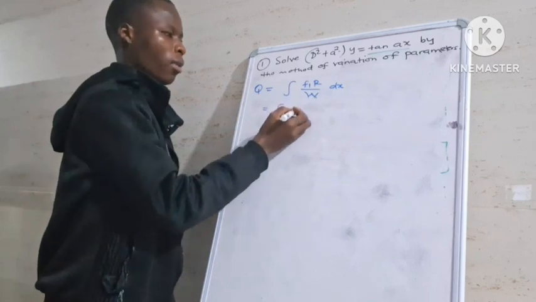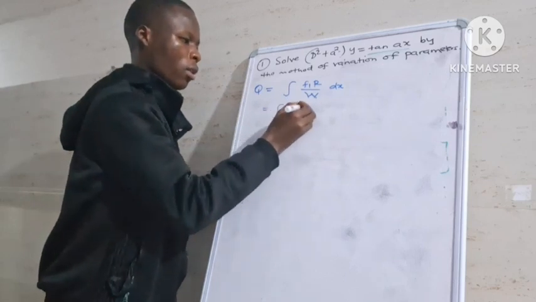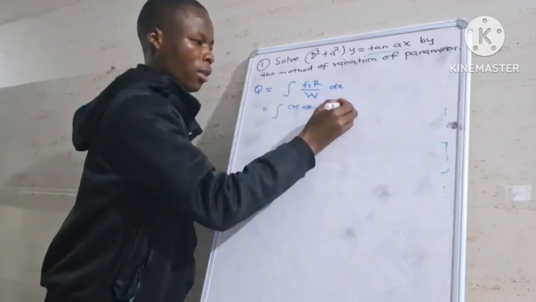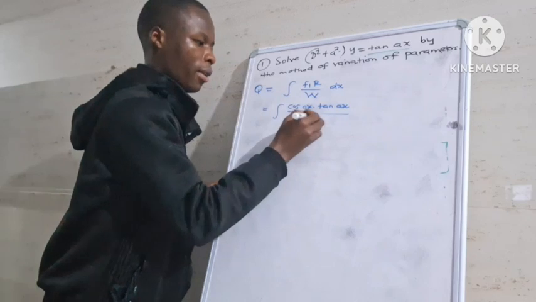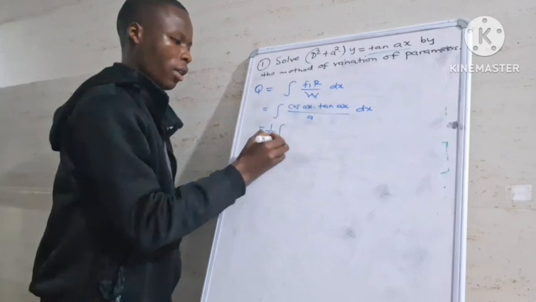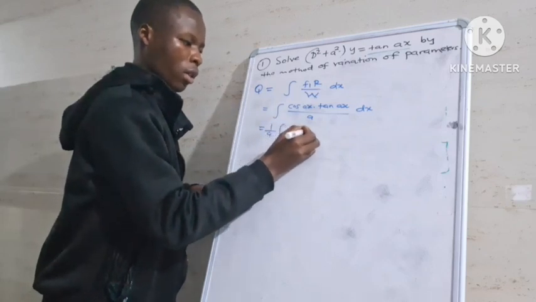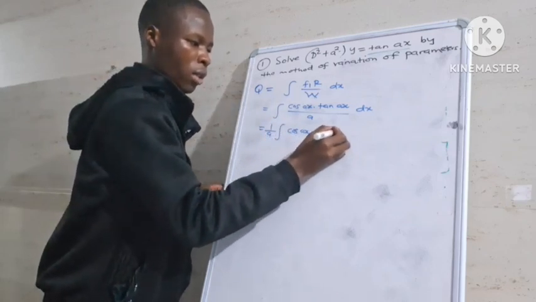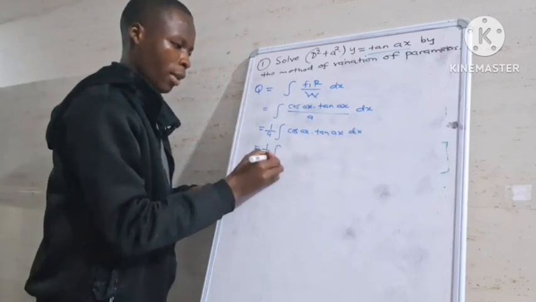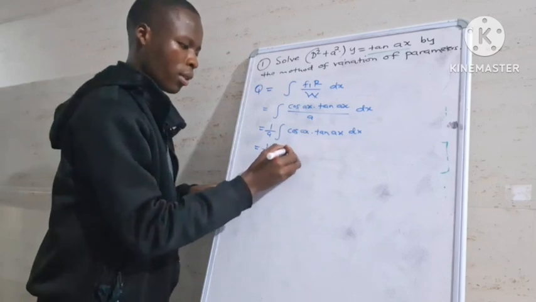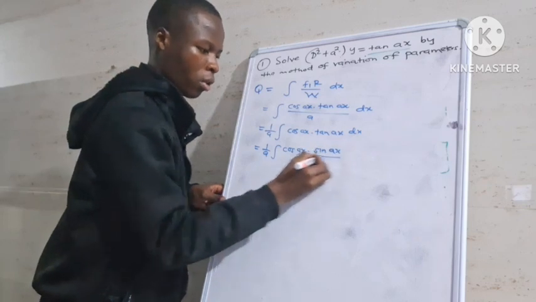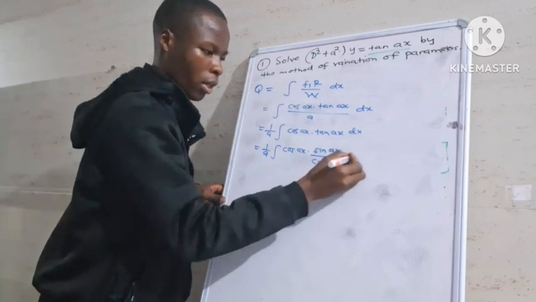This is the integral of f1, which is cos ax, times R, which is tan ax, divided by a, dx. Factor out 1 over a. This is cos ax times sin ax over cos ax.